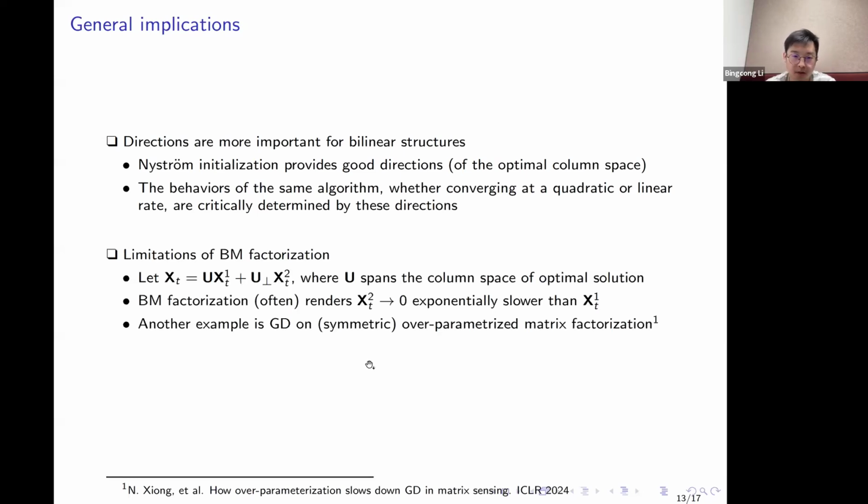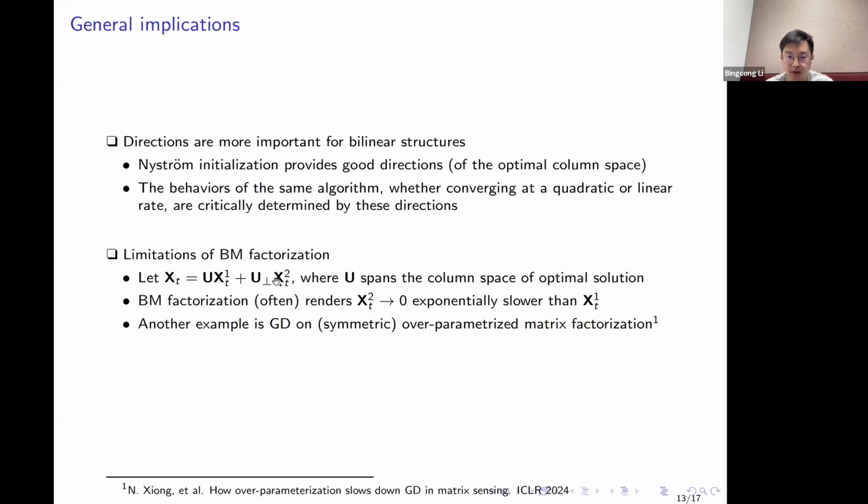And if we write things out mathematically, I can decouple my iterate xt in this way. Essentially, this U here is the basis of the column space of my optimal solution, and this U perpendicular is the orthogonal complement to U. It turns out that learning this U, or actually the component xt1, is fast enough.